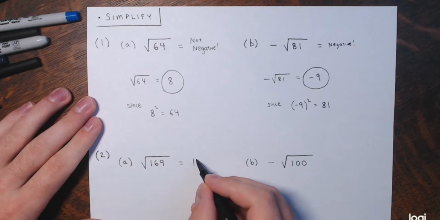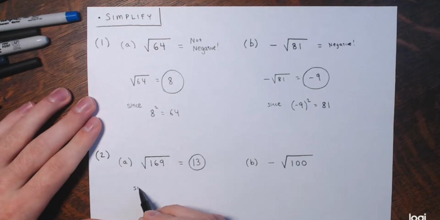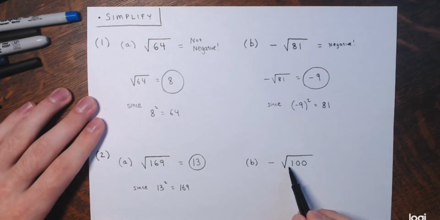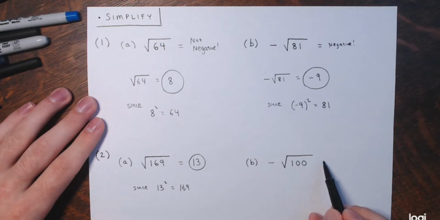This is 13. Again, I leave it to you to check. Positive 13 to the second power equals 169. You check, 13 times 13 is 169.